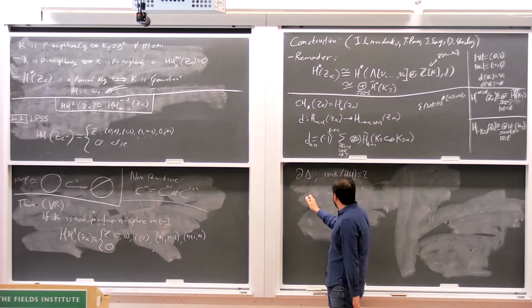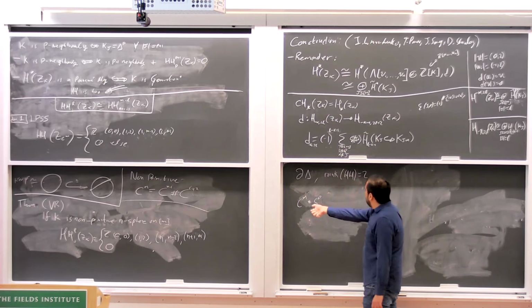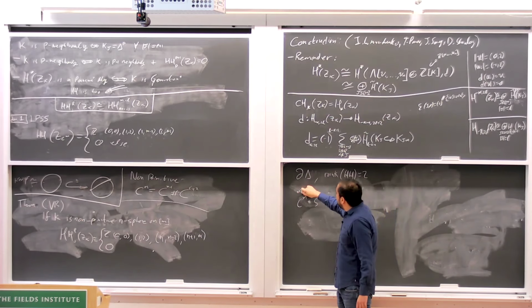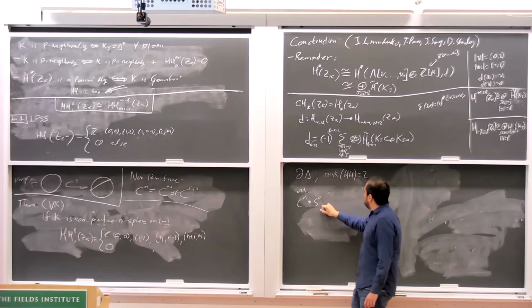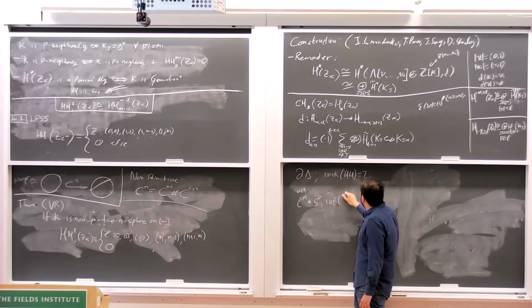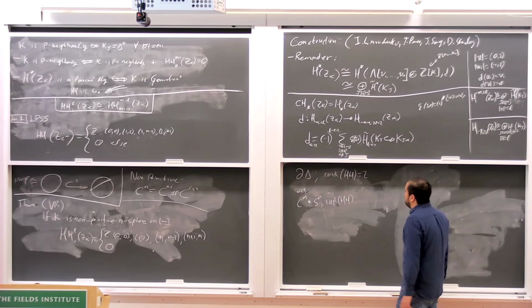As some quick examples, you can take C_m join S0, where m is greater than 4. And this thing is going to be of rank 8, just by looking at that previous result about m cycles.